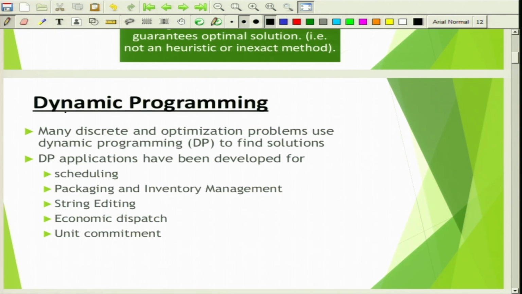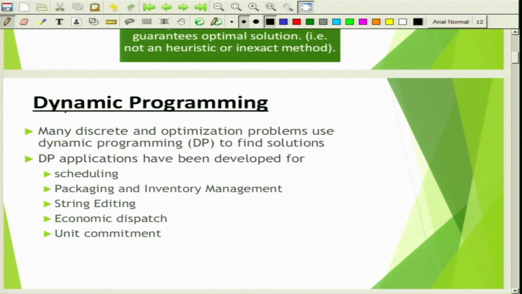Some of the typical applications of dynamic programming are scheduling. In day to day operation, this is a challenge for any power system operator. There are multiple generators. Let's say there are 10 generators. Among them, which combination of generators would give you the best optimal solution in terms of cost minimization, if that is the objective function to start with.